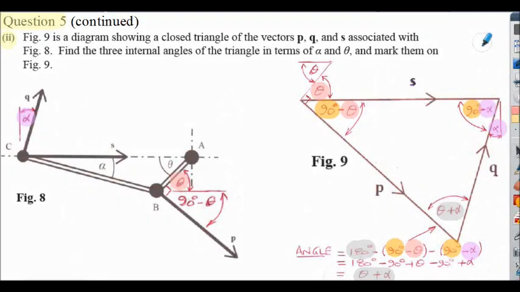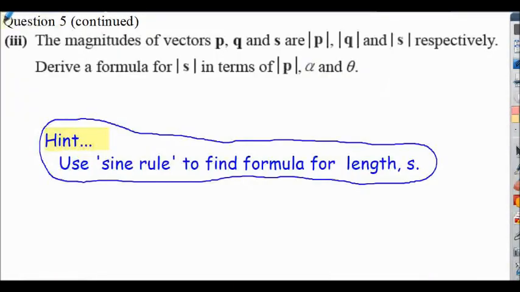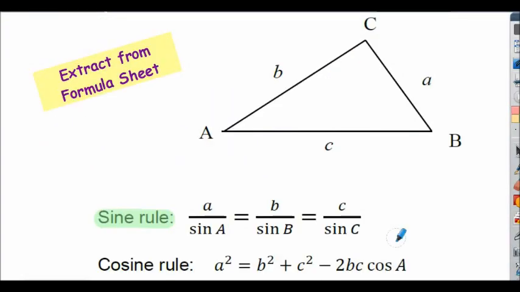So question 5, part 3, the magnitudes of vectors P, Q and S are shown here respectively. We've got to derive a formula for S in terms of P, alpha and theta. The hint here in the question is to use the sine rule to find the formula for length S. Again, we'll be using a sine rule extracted from our formula sheet.